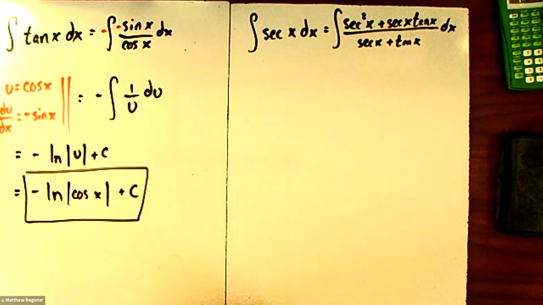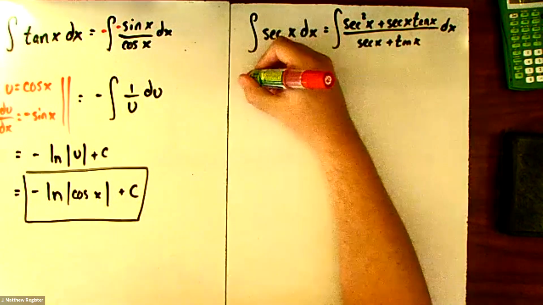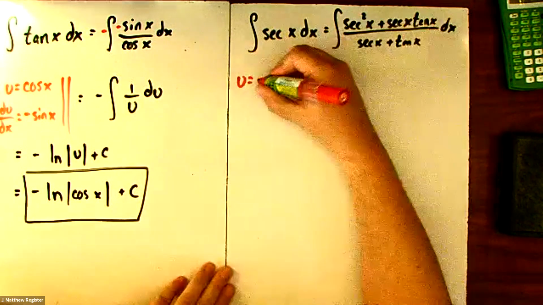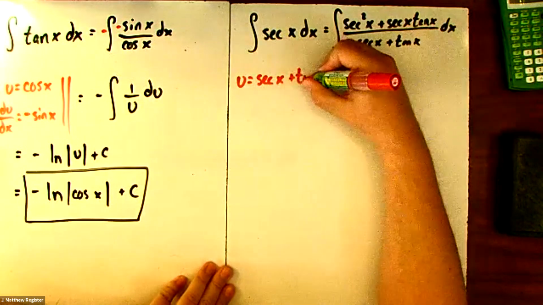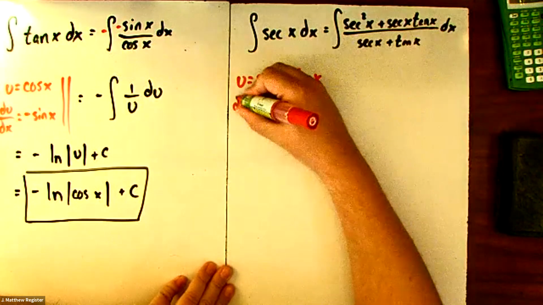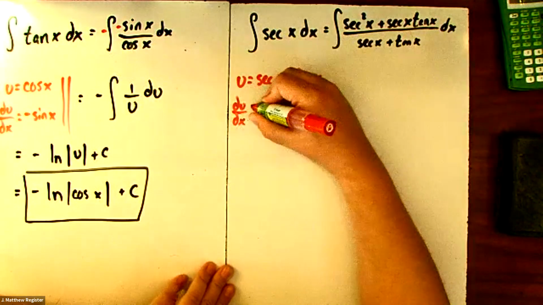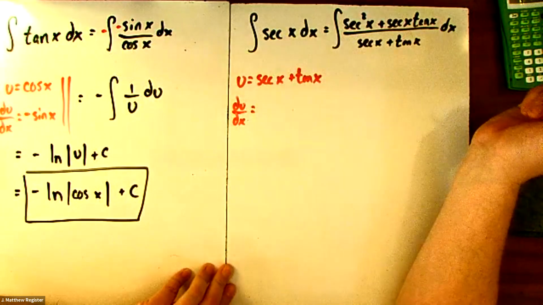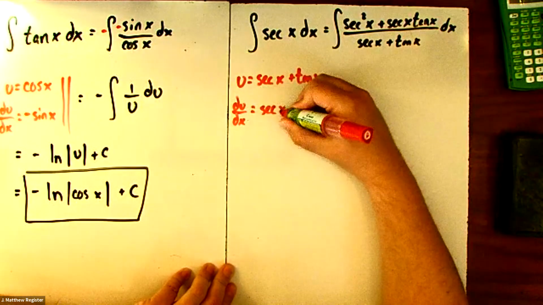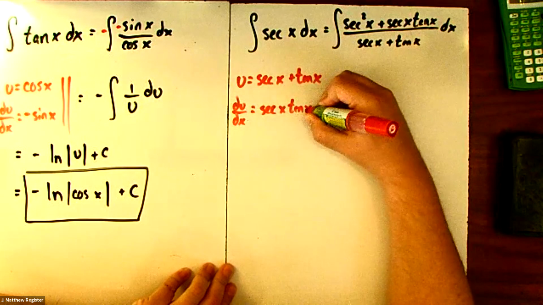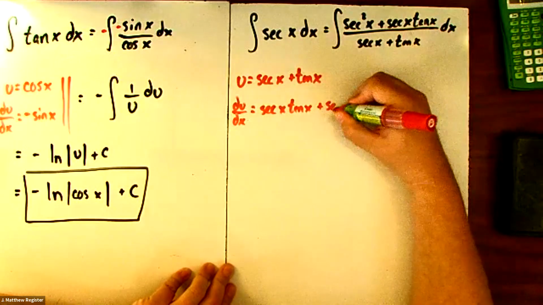Well, notice now that we could let u be that denominator. Secant x plus tangent x. Then your du dx is going to become secant x tan x plus secant squared of x.